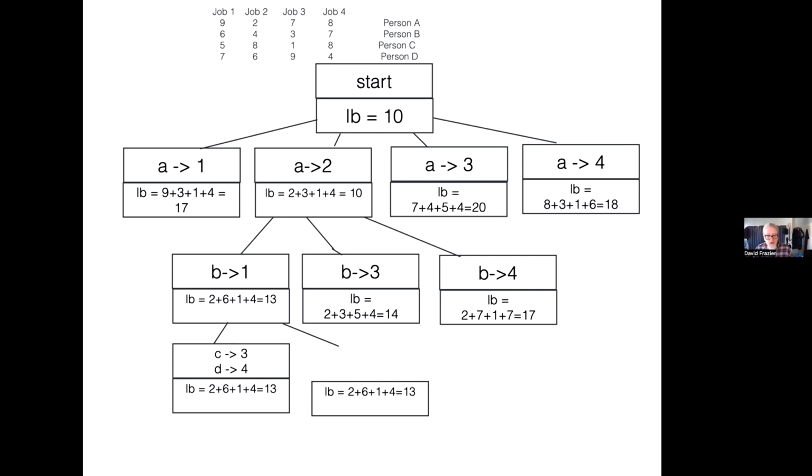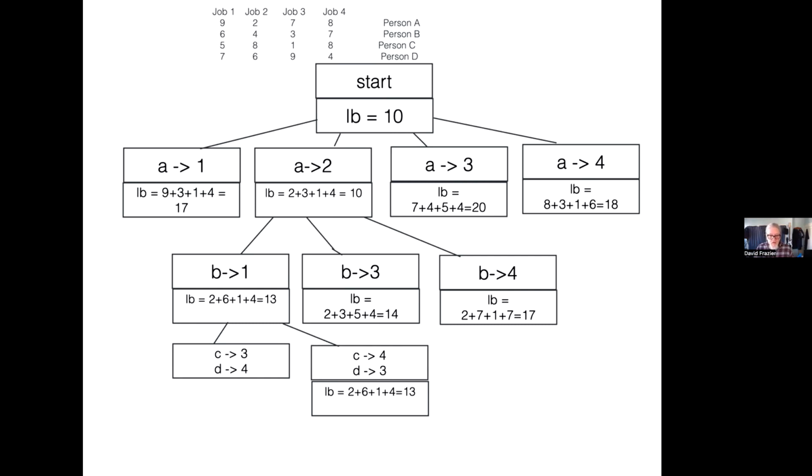Okay. So with the lower bounds here, we know that we're going to have the 2 comes from person A taking job 2. And we're going to have person B. Wait, am I coming off the right one? Yeah. The 13th, yeah. Person B is going to take the 6.